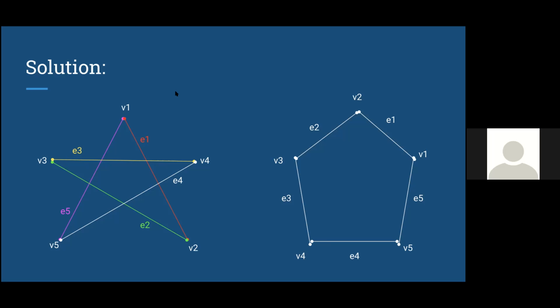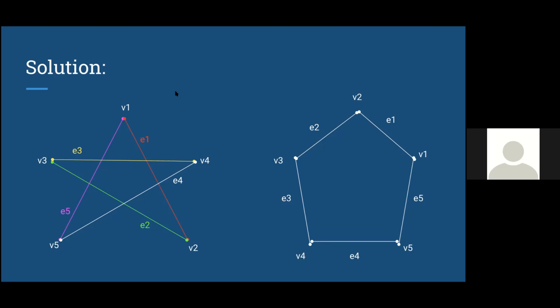So V1 in the example of the solution, in the star shape, you have V1 connected to V2, that is the red line, and V1 connected to V5, that is the purple or pink line. So if we go to the right side, oh, okay, I see. So the thing is that you can change.